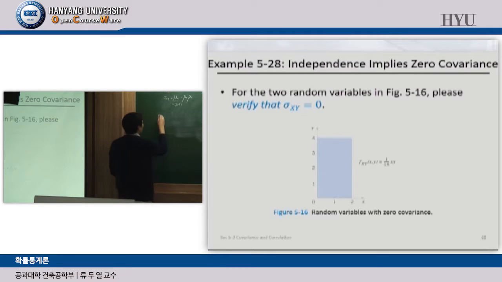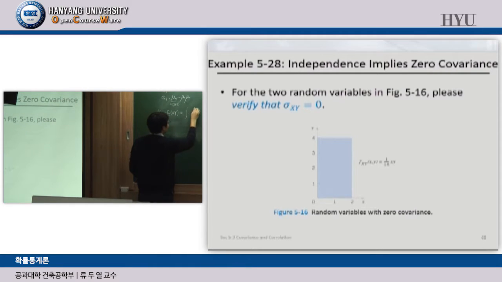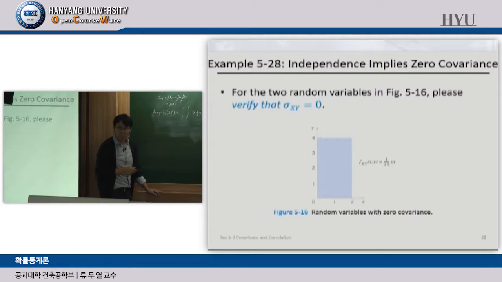So we are going to first calculate the mu xy, okay? That is equal to the mean of xy. That is equal to the double integration of x by y by the joint probability density function f(x, y) dx and dy, right? Okay, we have already learned about this in previous class, okay?